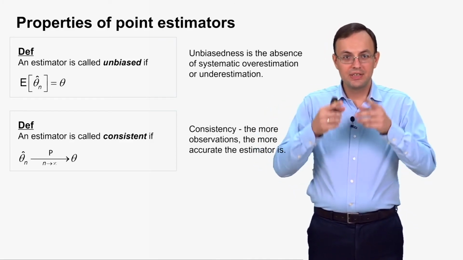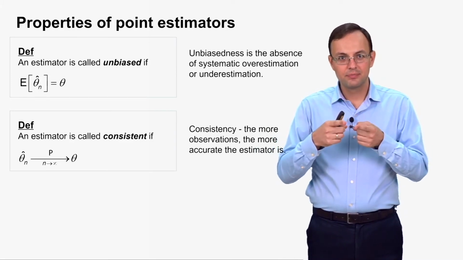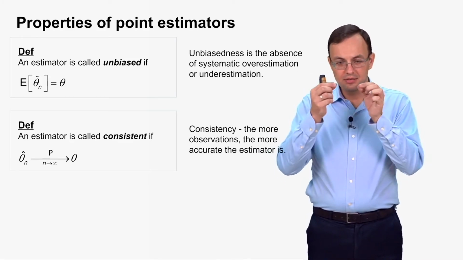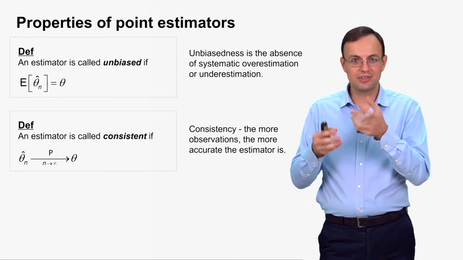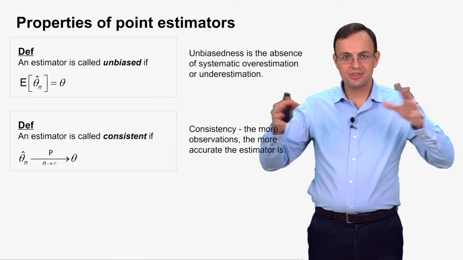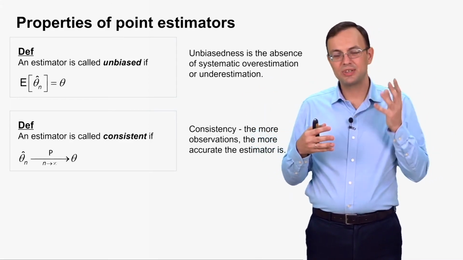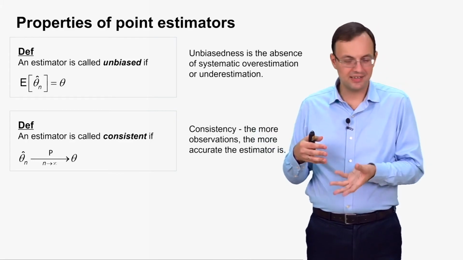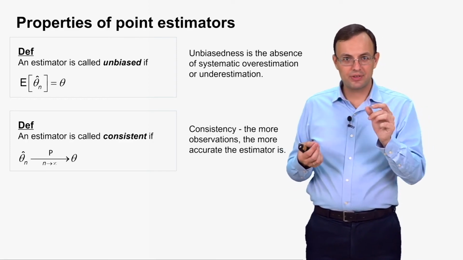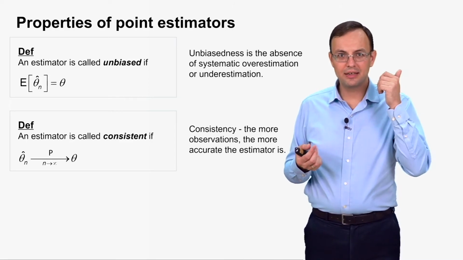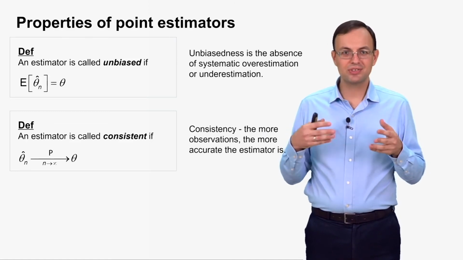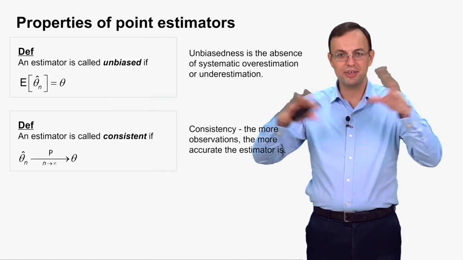So if the difference between the estimator, the random value of the estimator, and the parameter is small, then we say that this is an accurate estimator. If the difference is high, we say that this is a bad estimator, not so very accurate. So accuracy means the difference between the estimator and the estimated parameter. But the estimator is a random variable, so the difference is different each time we do the experiment.